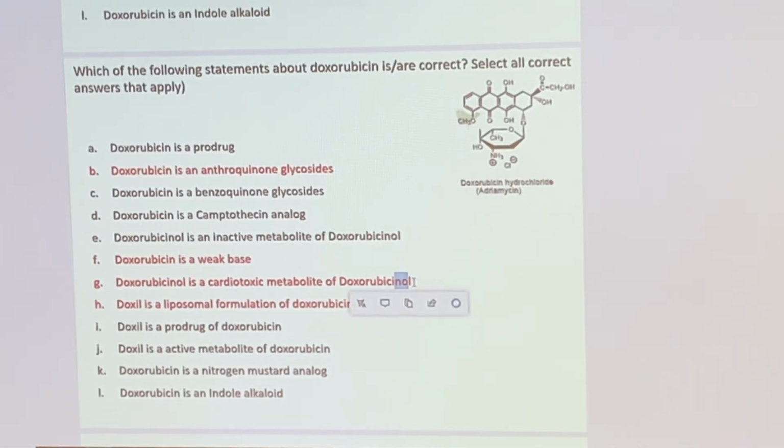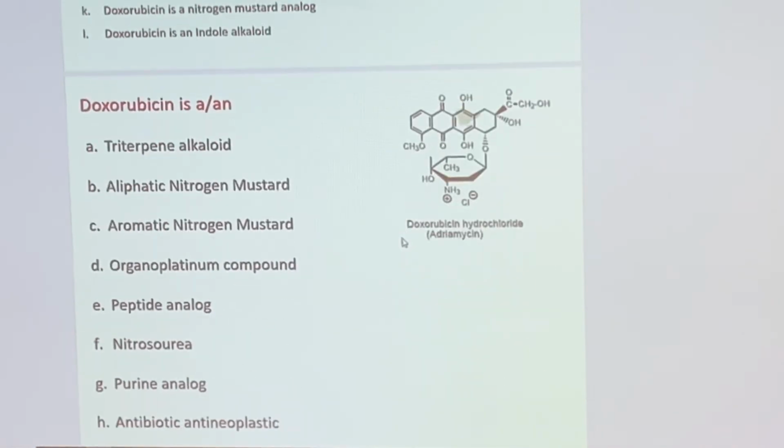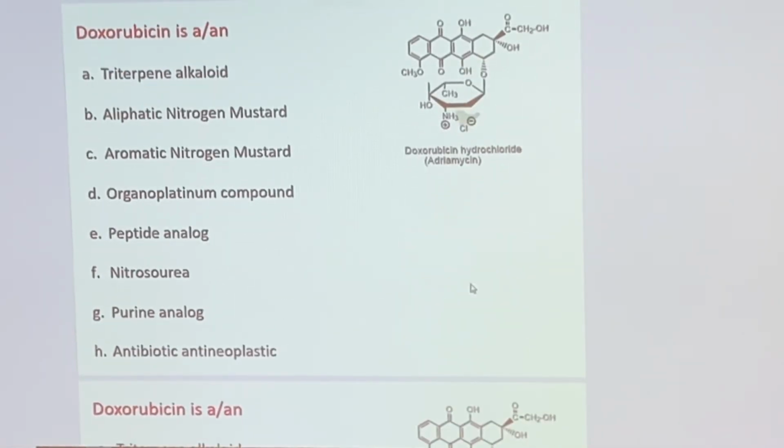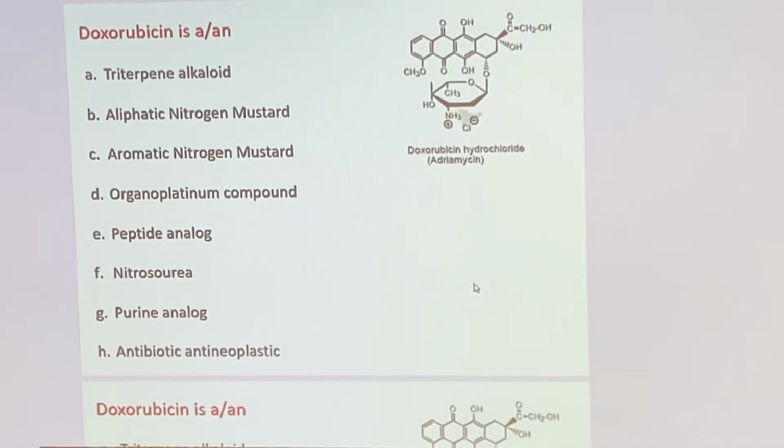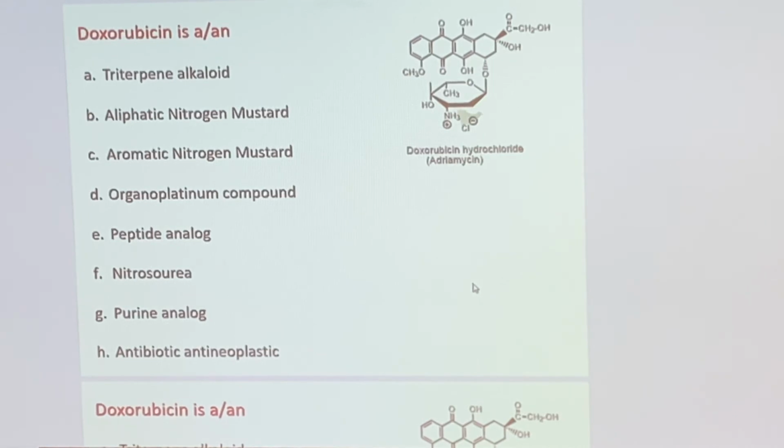It is doxorubicinol, a cardiotoxic metabolite of doxorubicin. There is no ol here. It's a weak base and an anthraquinone glycoside. H. It is an antibiotic and antineoplastic type compound.